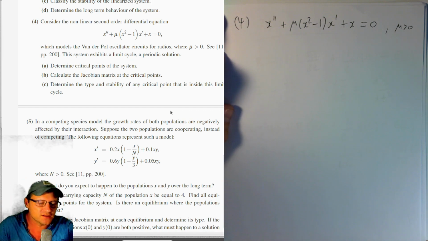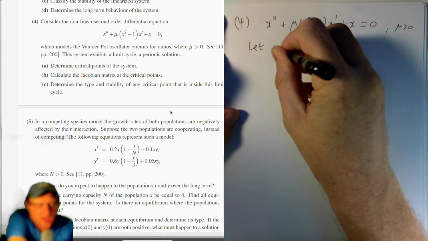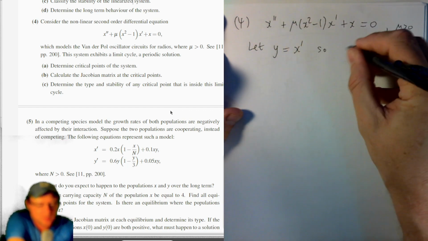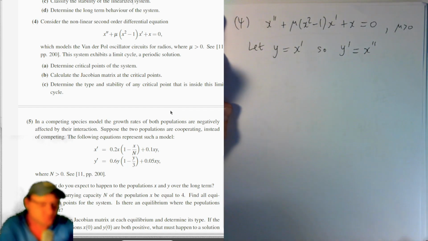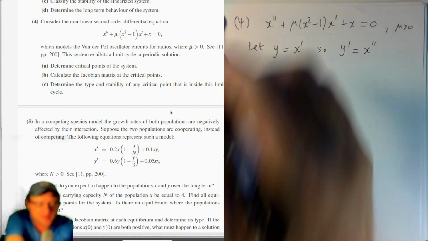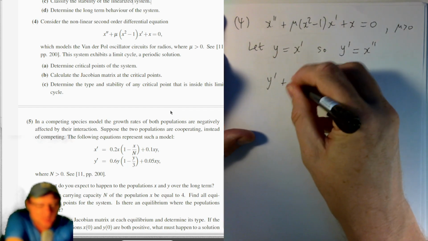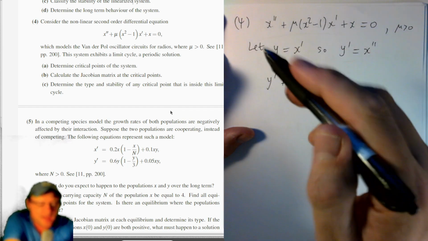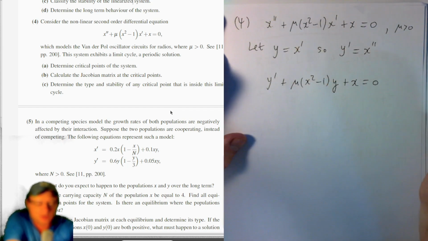Okay, so first we need to couple this system. So we'll let y be equal to x dash, so that y dash is equal to x double dash. And so then that there is y dash. So y dash plus mu times (x squared minus 1) x dash is y, plus x equals 0.